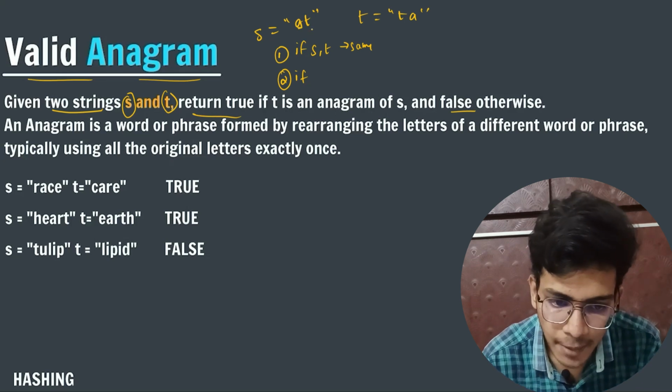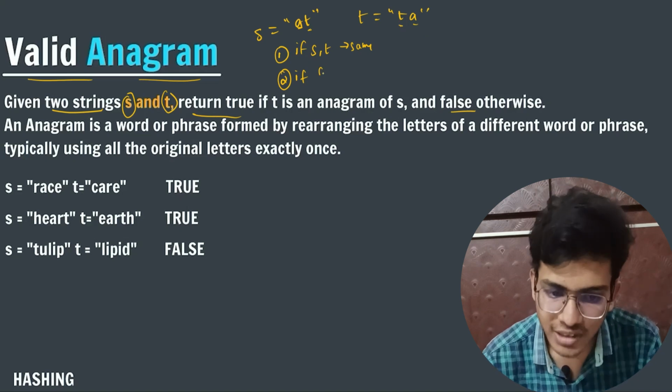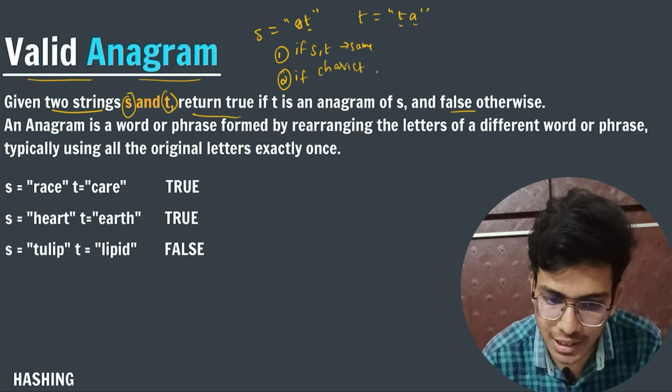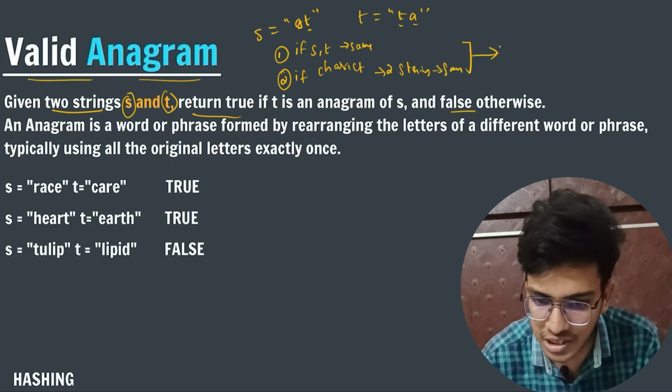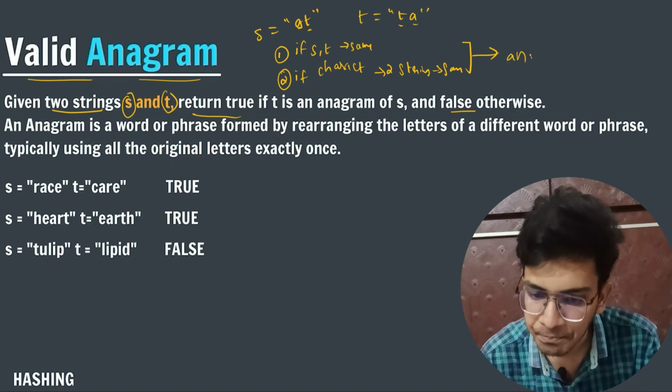You can see that here I am using a and t, and here also I am using a and t. If the characters used in the 2 strings are the same, and I am satisfying these 2 conditions, then that given pair of strings is said to be an anagram.